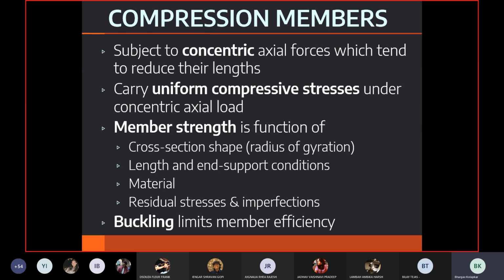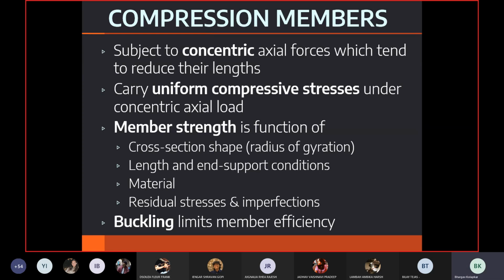So even though the section is the same and the material is the same, only because you vary the length, the amount of axial force that it can take varies, and thus length affects the strength of a compression member.